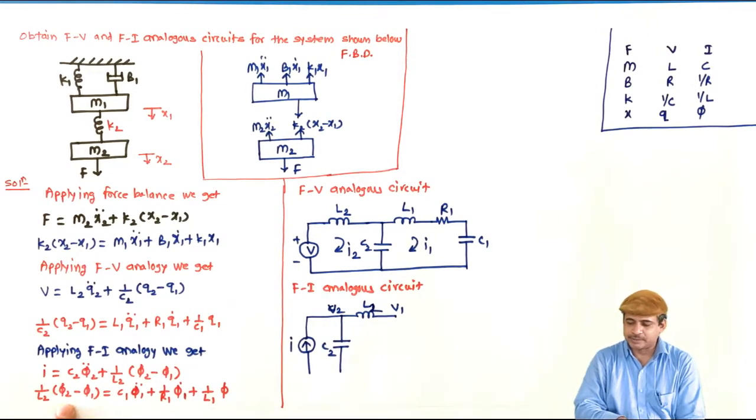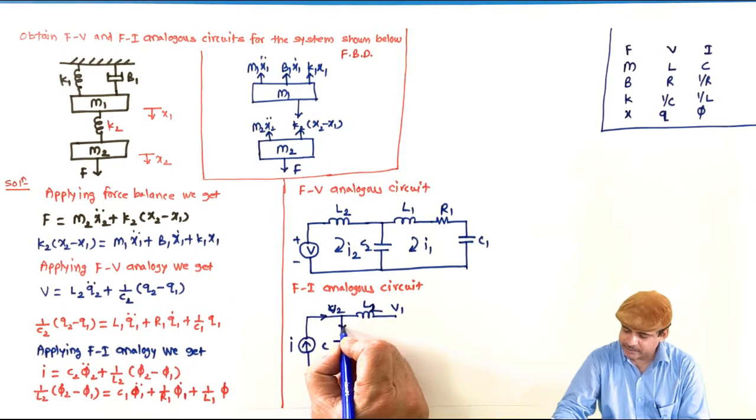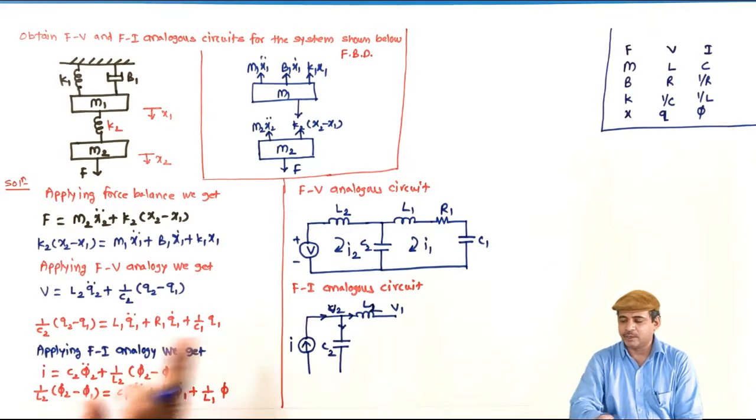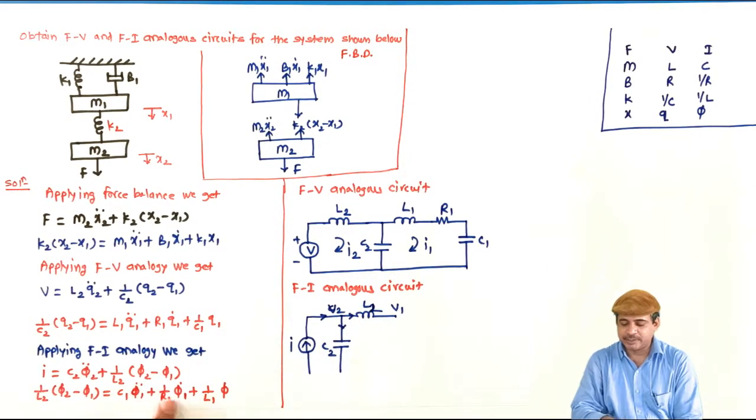Now let us come to this. You can see clearly that this current will be this current plus this, and now this current through the inductor is the addition of these three currents, and all three components have the voltage V1 across them.